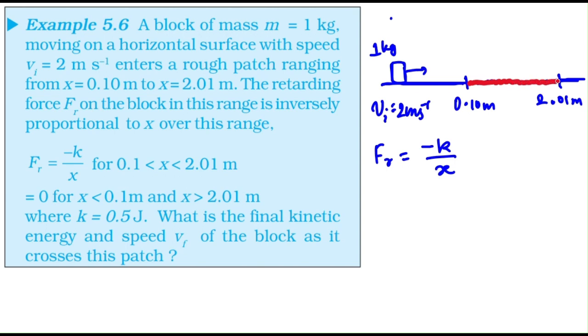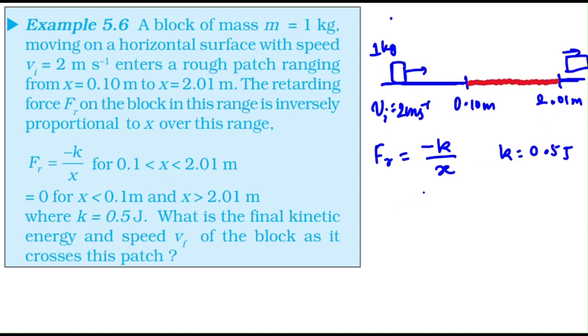So this is the region where the block is going to experience this friction. Now K is given as 0.5 joule. What is the final kinetic energy and the speed of the block as it crosses the patch?